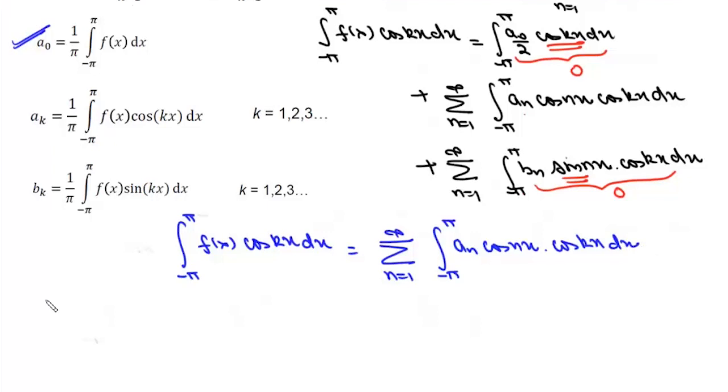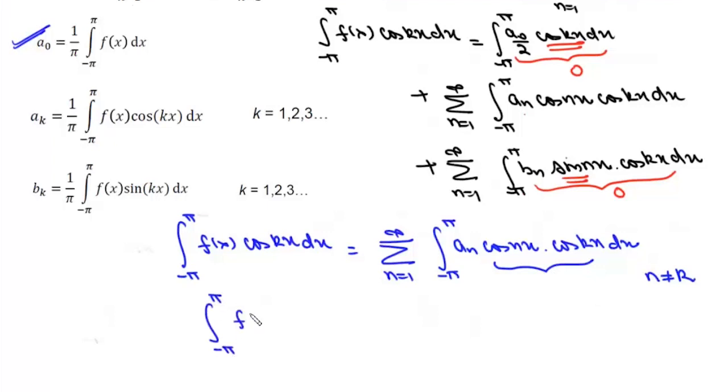Now from orthogonality we know that the value of all these integrals will be 0 if n is unequal to k. So for all the values of n where n is unequal to k, the value of this integral will be 0.